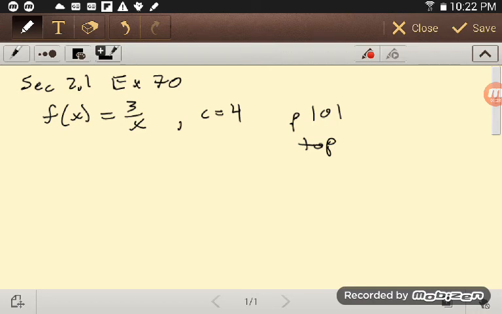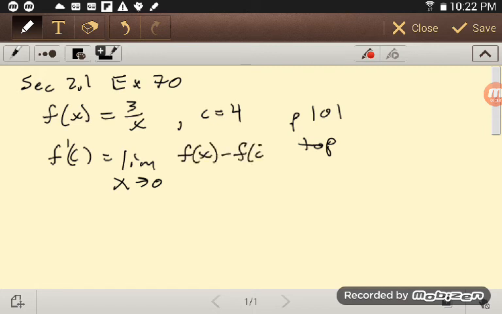What we can do is, you could use an x or whatever you want, but f prime of c is equal to the limit as x goes to c of f of x minus f of c over x minus c.